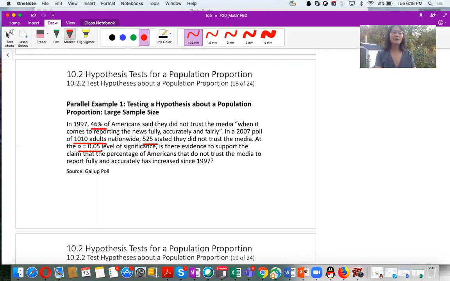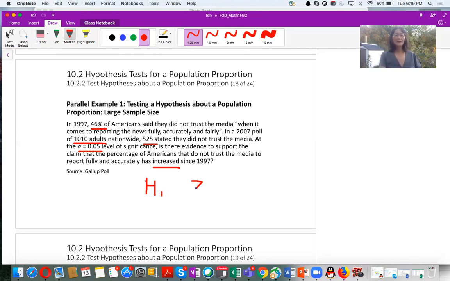At alpha 0.05 level of significance, is there evidence to support the claim that the percentage of Americans that do not trust the media to report fully and accurately has increased since 1997? The keyword increase means that when you write down H1, you should use a greater than sign.